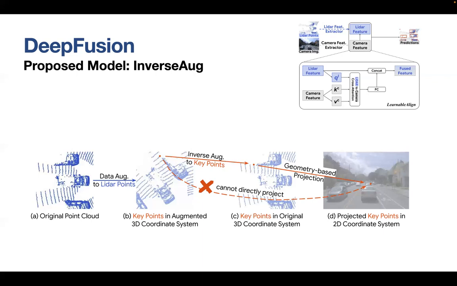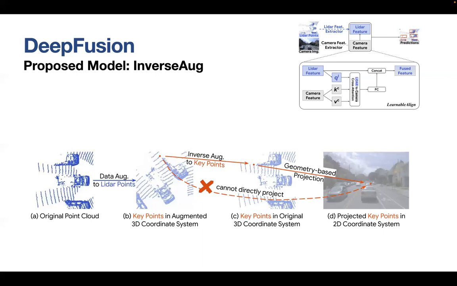And if we want to move from B directly to D, then we cannot directly project them because our view changed. So the points do not correspond to the correct places anymore. So this is not possible. What can be done is we invert this augmentation, and then do geometry-based projection to project all the features, all the inputs, from 3D to the 2D coordinate system.